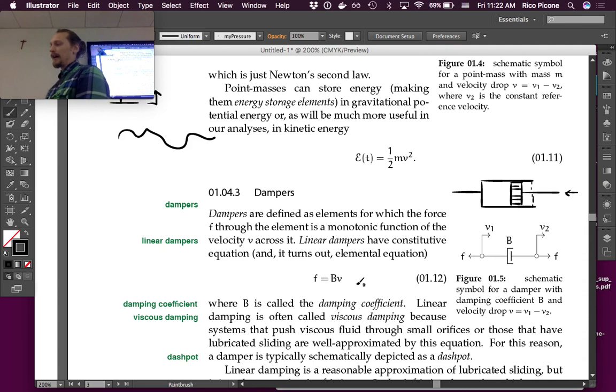And then there's also using the damper as a model for something that doesn't look like a damper. For instance, this is true for the quarter car model as well. The suspension system doesn't necessarily have a dashpot in it, but it effectively behaves that way.